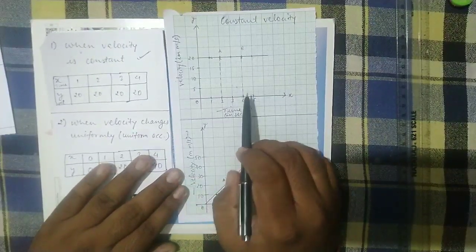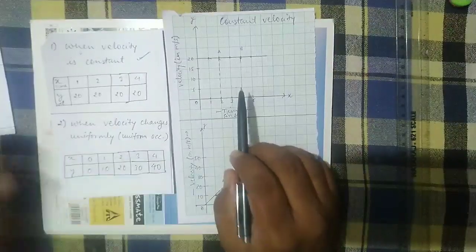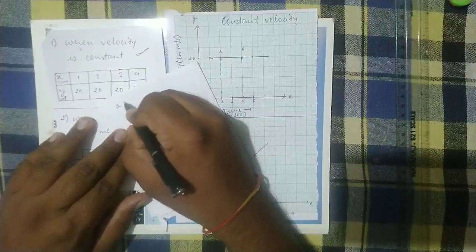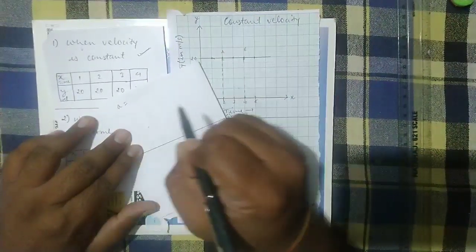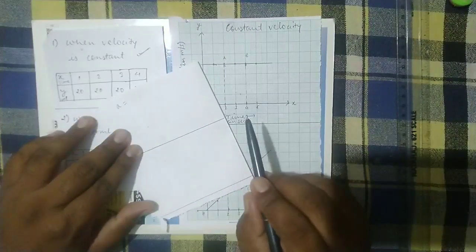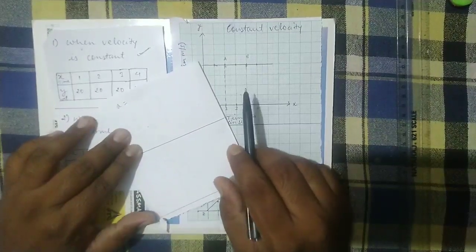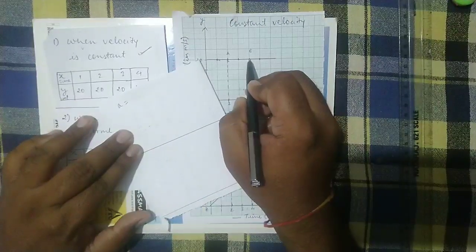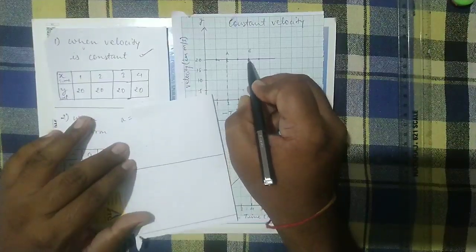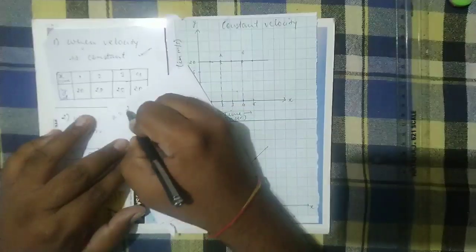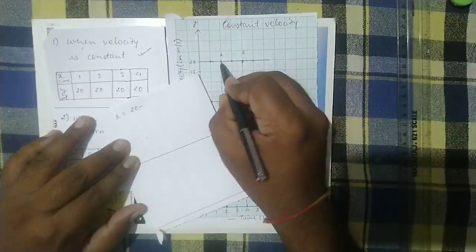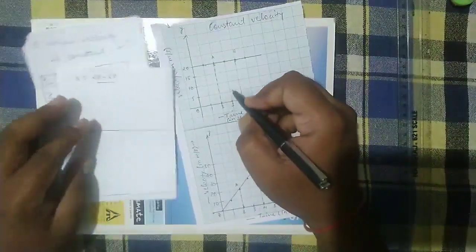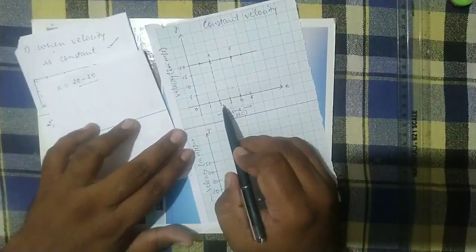Now for calculating the acceleration, we know that acceleration is equal to change in velocity by time, or final velocity minus initial velocity by time. Final velocity is at B, which is 20, minus initial velocity, which is again 20 at A, by the difference in time.